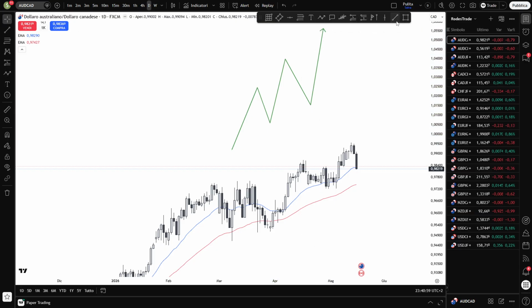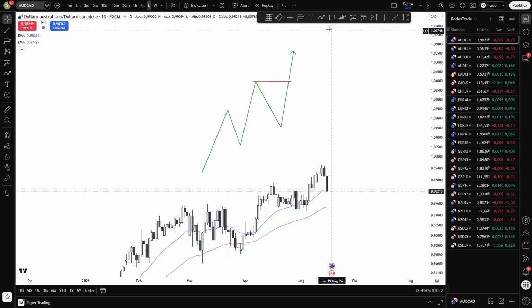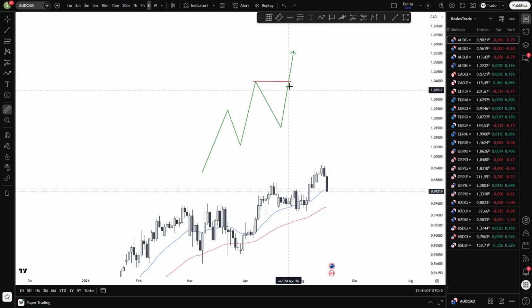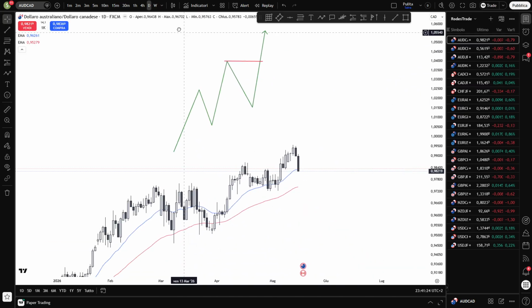I want to see a break above the previous high, and I want to see an expansion on this move of at least 150 pips. If more, the more pips the better. All right, that's what I want to see.